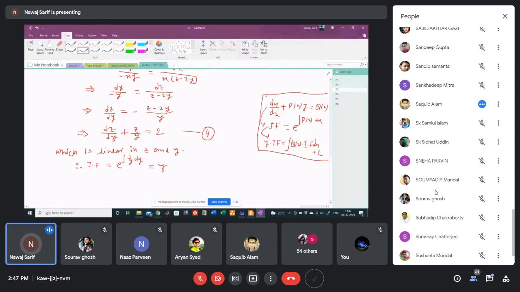Now what is the solution of equation 4? The solution of 4 is z into y equals the integral of 2y into y dy.